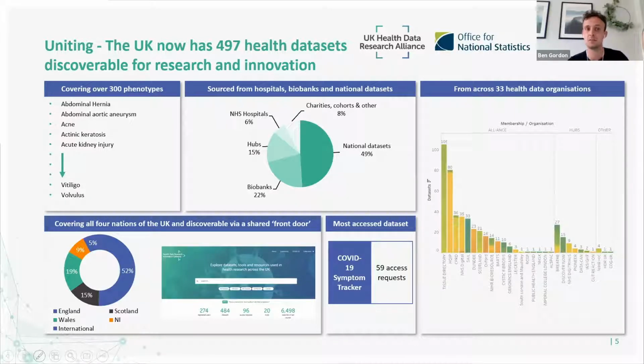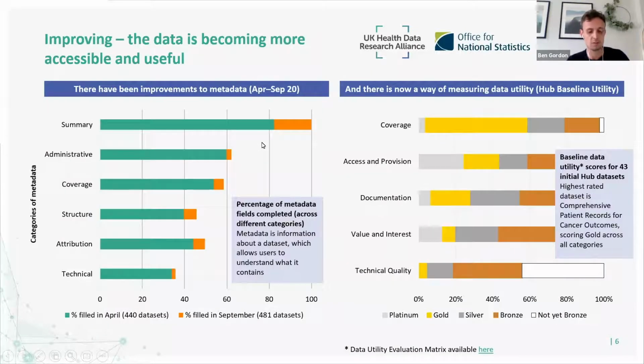It's been codified and includes over 300 phenotypes from over 30 health data custodians across the UK. We've been working with those custodians to improve the data, to make it more accessible and useful, both in terms of work we've been doing on metadata, but also on characterizing data utility, or the usefulness of a data set, which I'll touch on briefly at the end of the session.